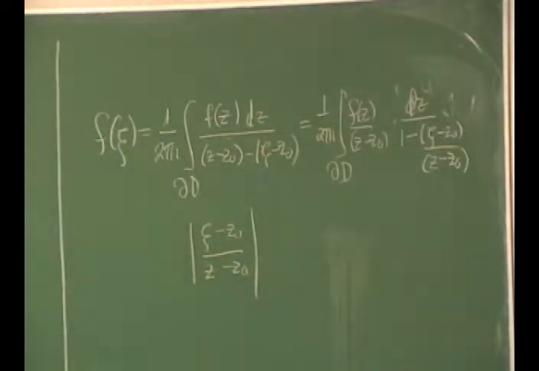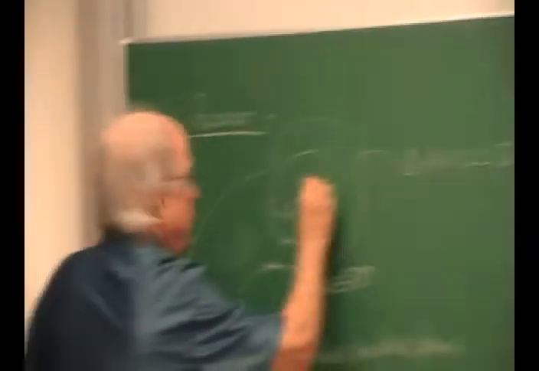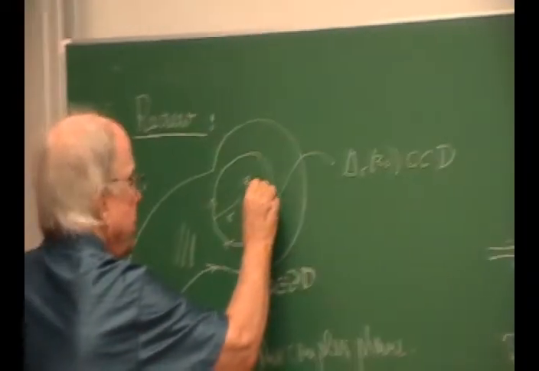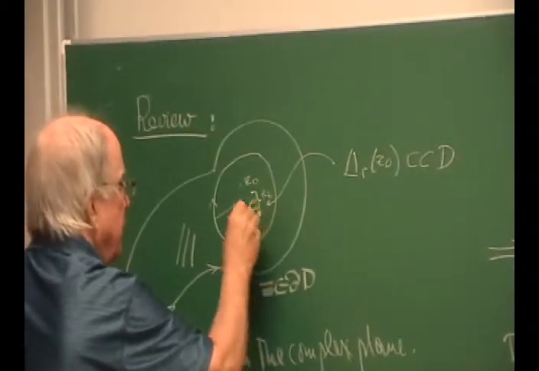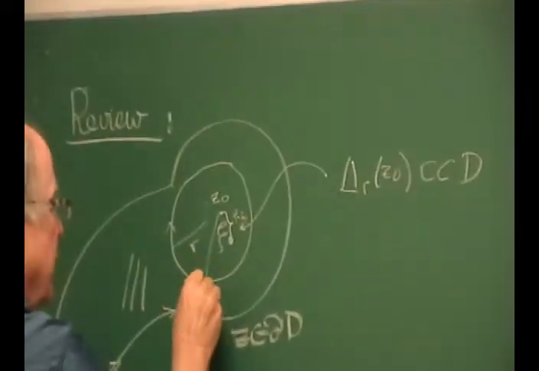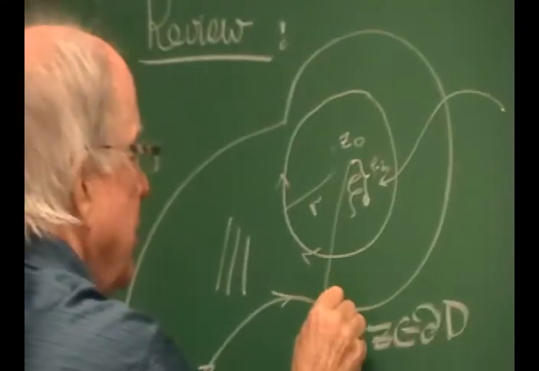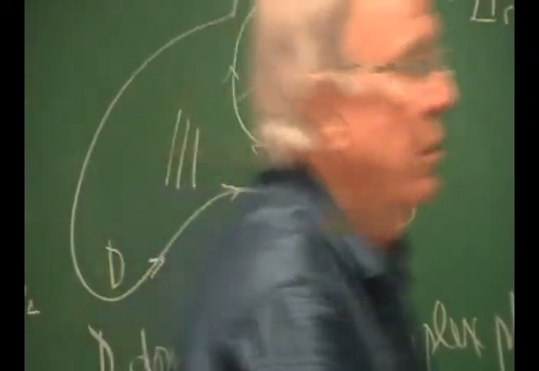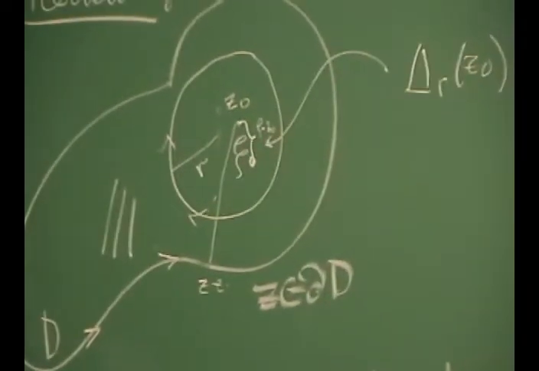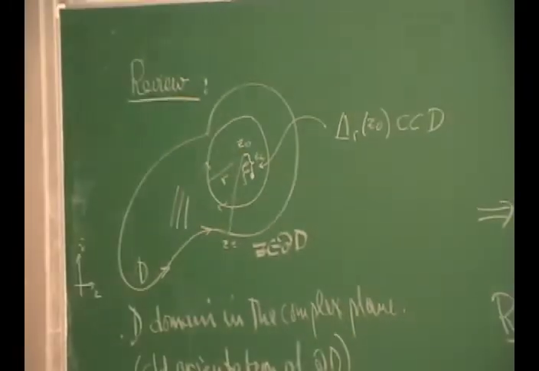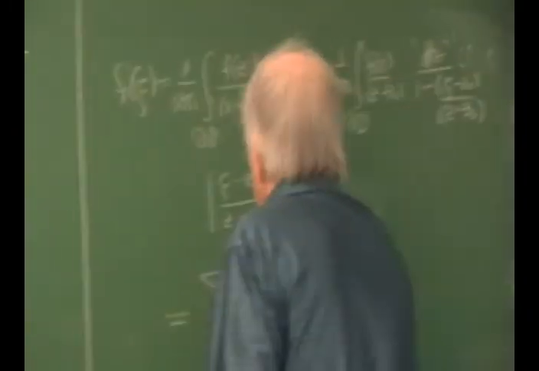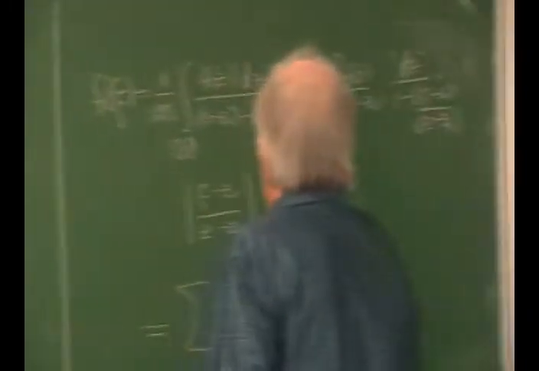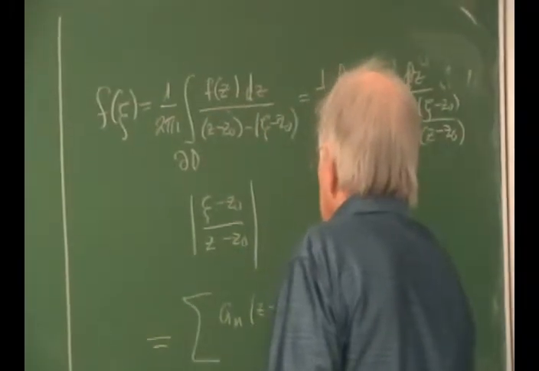Zeta is inside this disk, so zeta minus z0 is very small in comparison to the distance z minus z0. So we cheat a little bit and force in the geometric series, and that gives everything the convergence that I talked about last time.